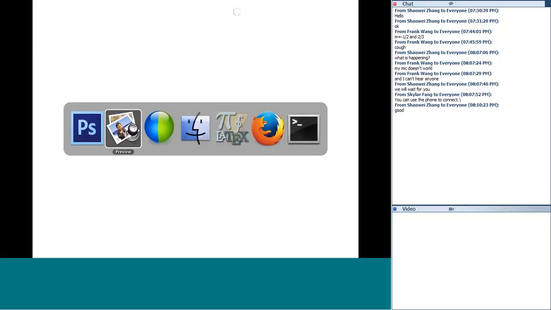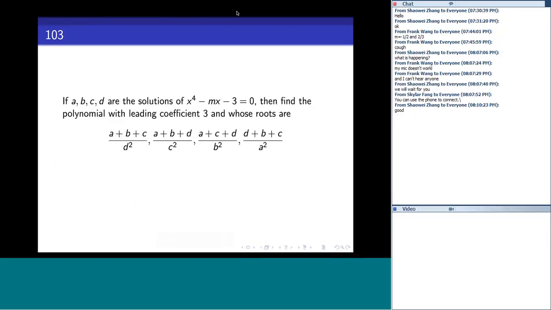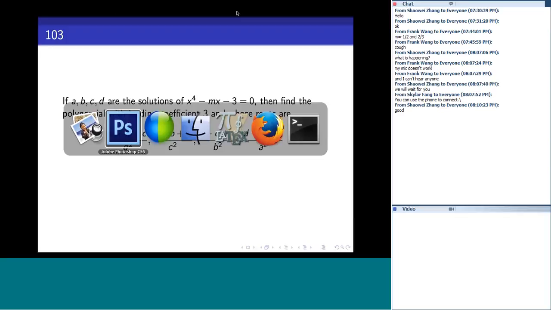If a, b, c, d are... find the polynomial with the leading coefficient 3. Oh, okay, I'm sorry. What do you have? 3x to the fourth minus mx to the third minus 1. I see. Probably right.